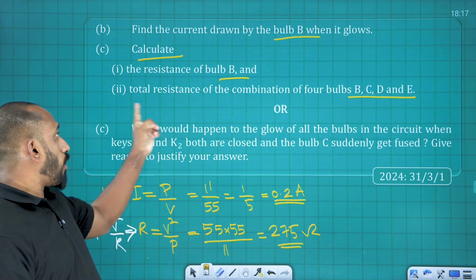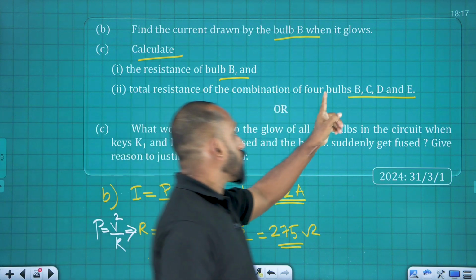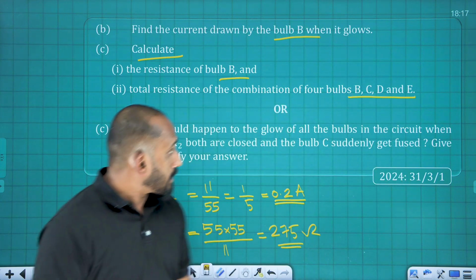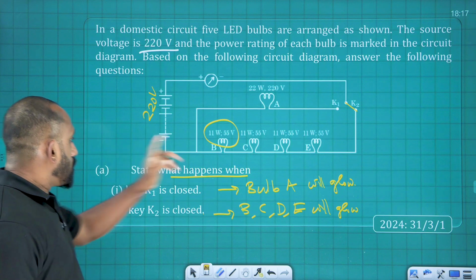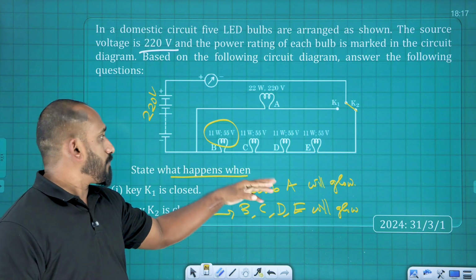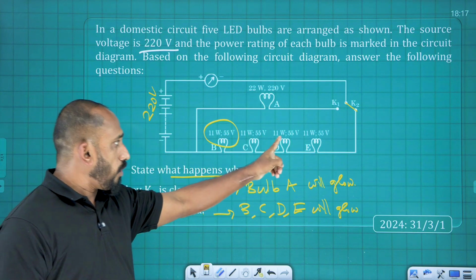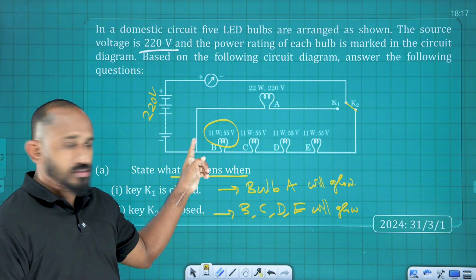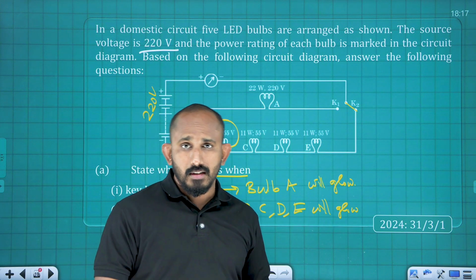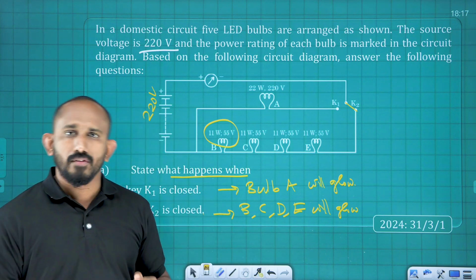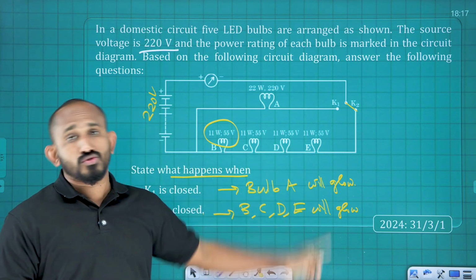Now, the total resistance of the combination of 4 bulbs B, C, D and E. All of them have the same values, 11 watts and 55 volts, and they are connected in series.